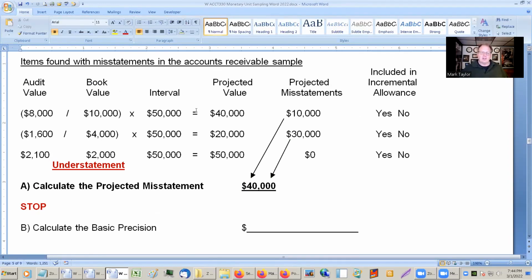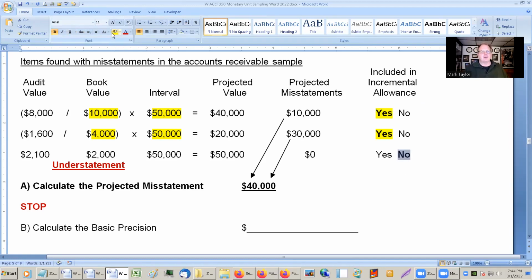And are they including incremental allowance? Yeah, neither one of these are bigger than the interval. This is not any bigger than this, so this will be a yes. This is smaller than that. It'll be included, because there could be more things wrong. And this one's a no, just because it's not misstated at all.